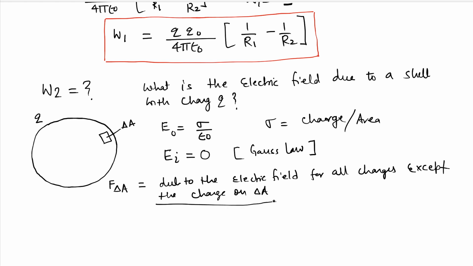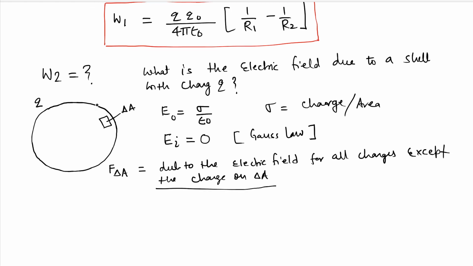This was clearly covered. So there is so much other area here left apart from delta A, and there is this charge density everywhere. So they will apply a force here because of their electric field.